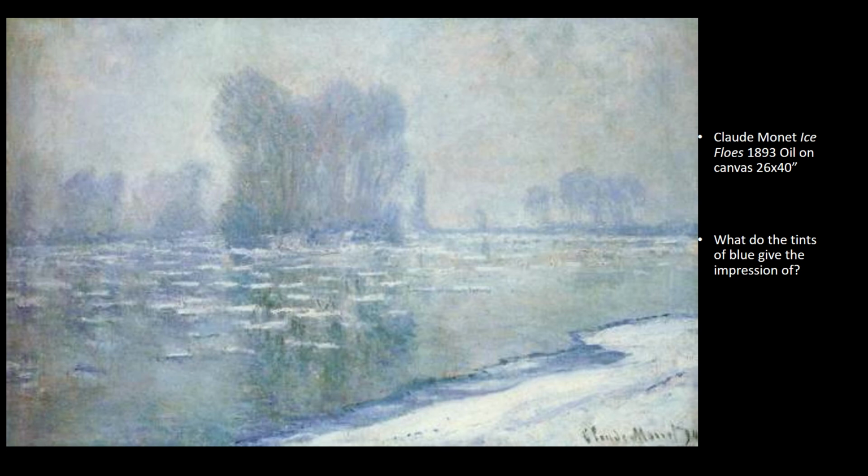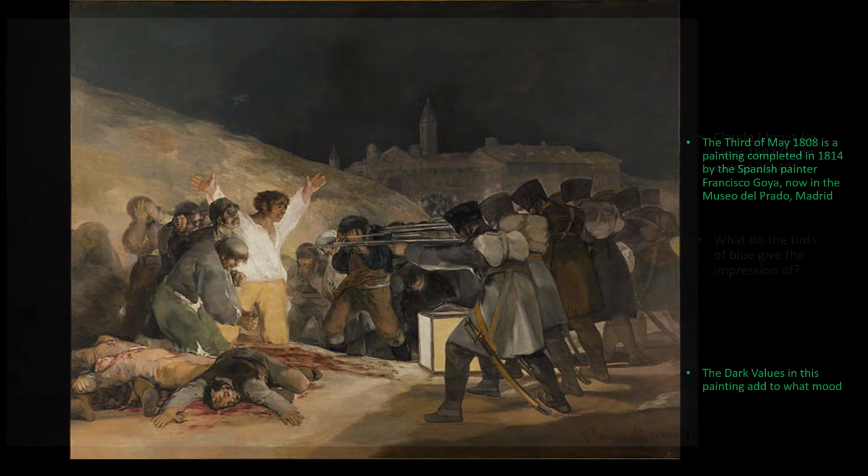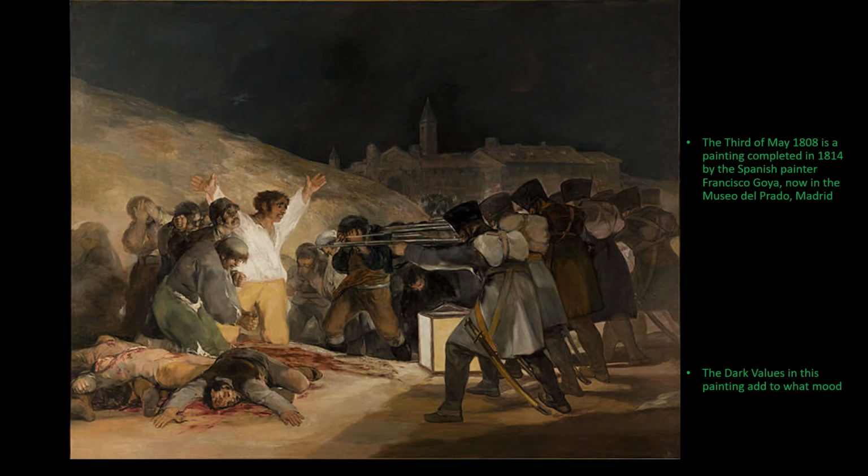Now here's a work of art by Claude Monet, Eyes on Flows, oil on canvas. Take a minute to look over this painting and recognize whether it's tints, tones, or shades, and how this work of art makes you feel. Now here is The 3rd of May by Francisco Goya.